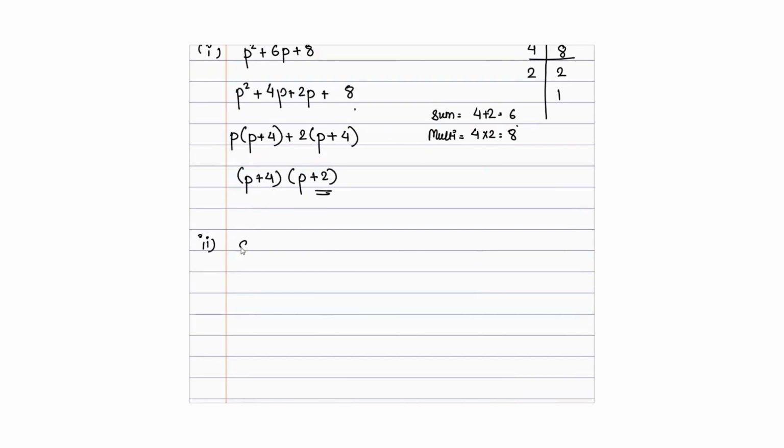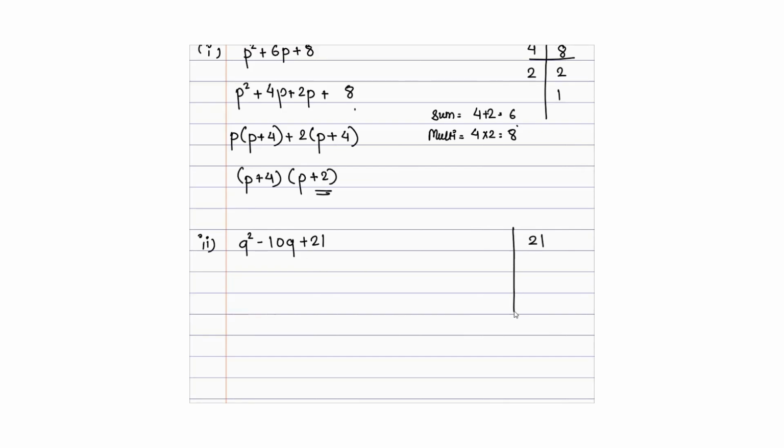The second question is q square minus 10q plus 21. Again, we will apply all the methods. We will just check by hit and trial which formula or which identity we can use here. And it can be clearly seen now that it can be done by splitting the middle term.